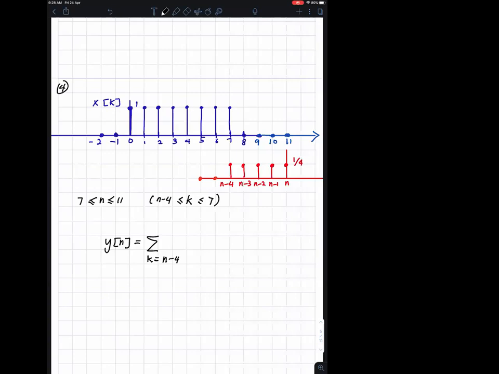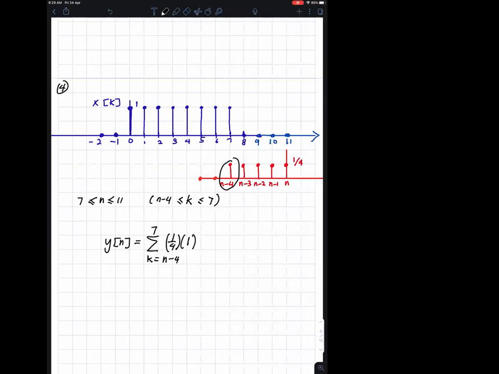But if n minus 4 is less than or equal to 7, then you can evaluate this. So lower limit is n minus 4, and the upper limit is 7. One minus 1/4 is always 1/4, so we just put 1/4. What this convolution is doing is taking the sum of products of two signals with one of the signals inverted and time shifted.